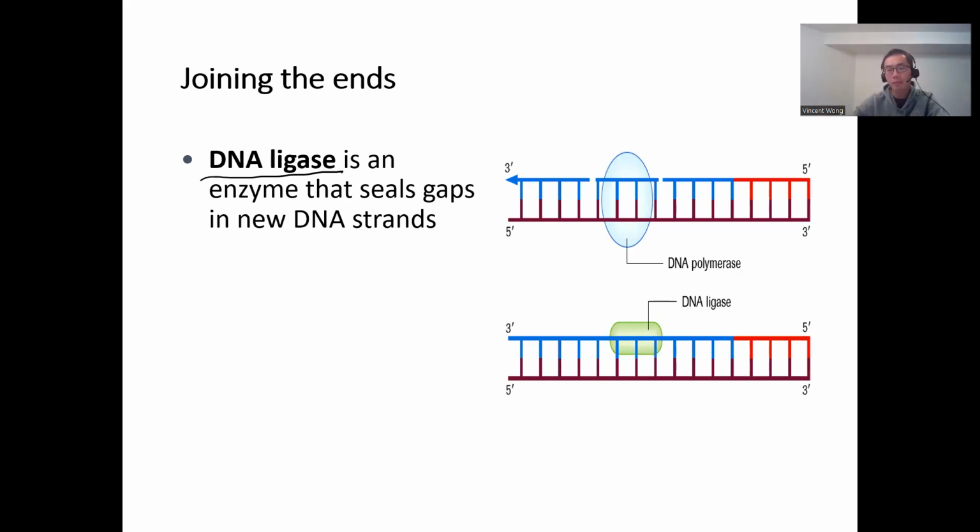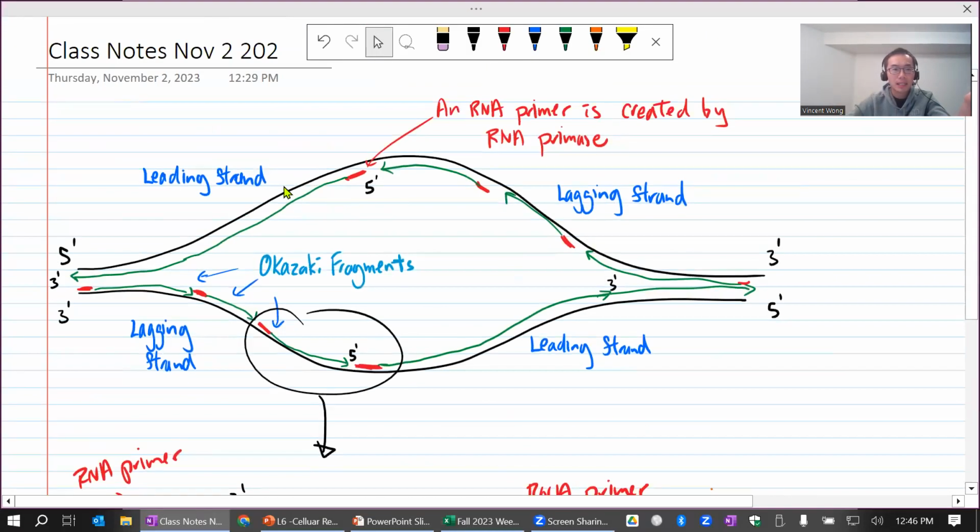So no breaks, no gaps. But if you remember our diagram, even though it's a leading strand on one side, it is going to be lagging on the other. So you're going to need some ligase here, here, here, and some ligase here, here, here as well.